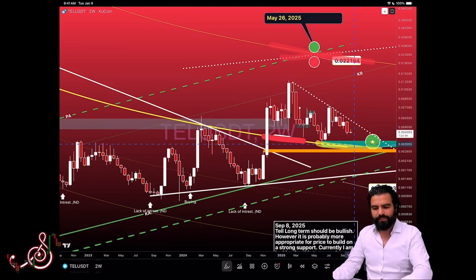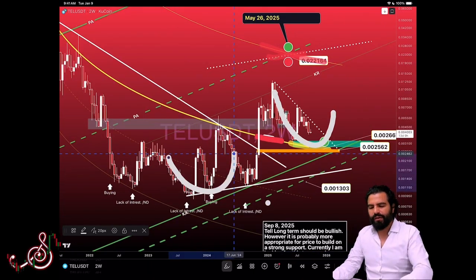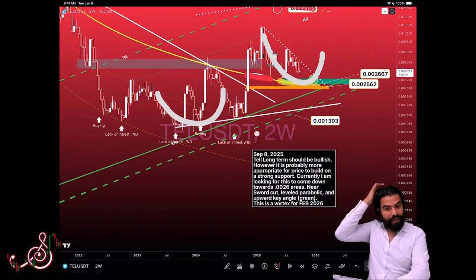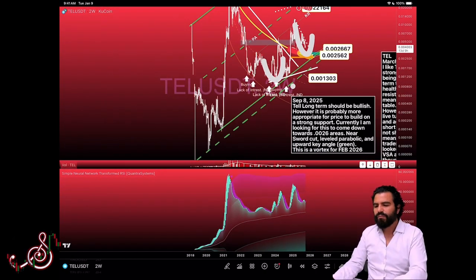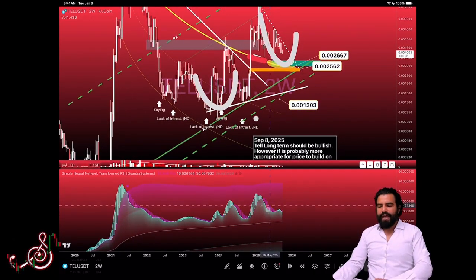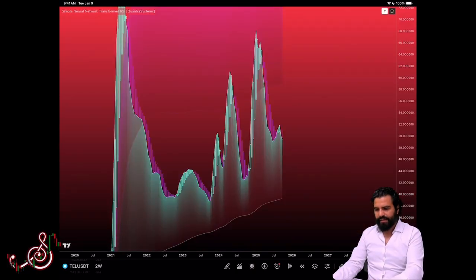Now, ideally, at this round area, we want RSI to be lower to show us that we have a lot of momentum to the upside. Let's look at that right now, and then I'm going to show you guys the real good stuff in the volume. So we want RSI to be lower this go around.